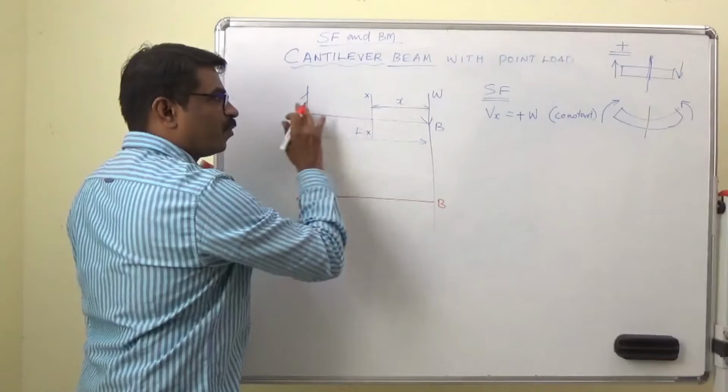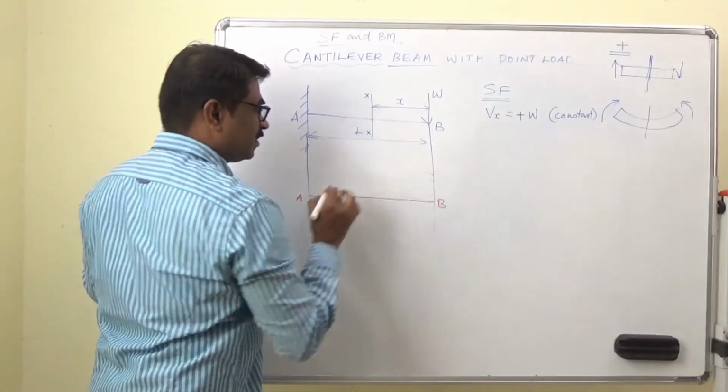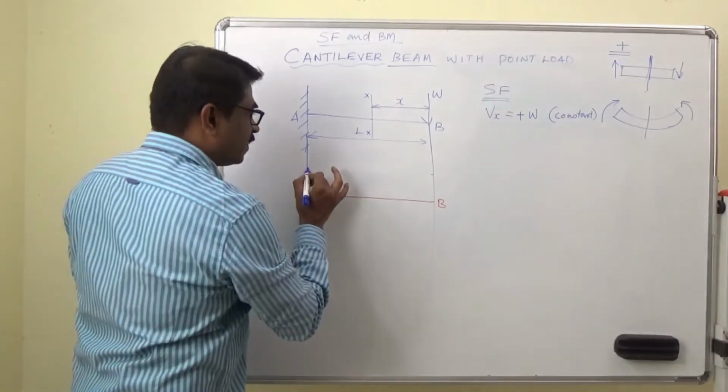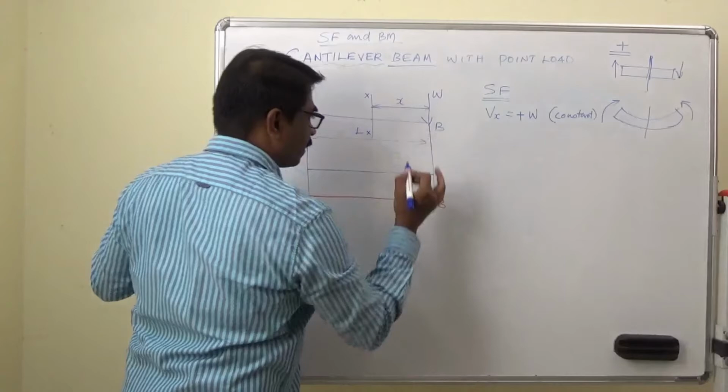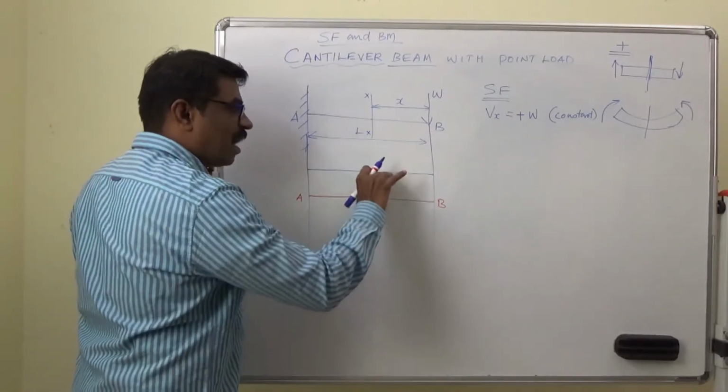There is no other force, so it is going to be constant throughout the length, and it is positive. That's why it is above.